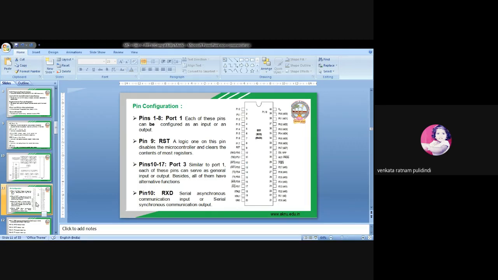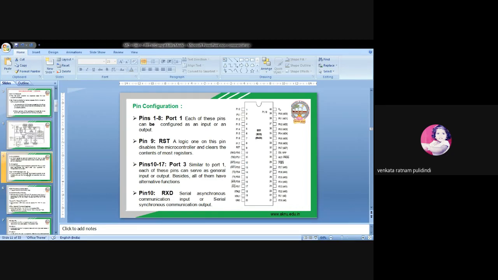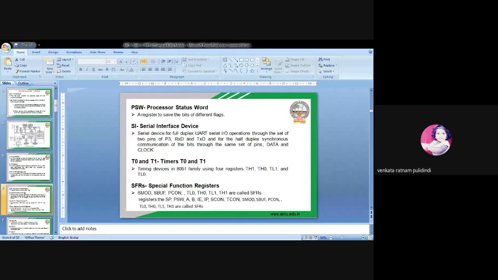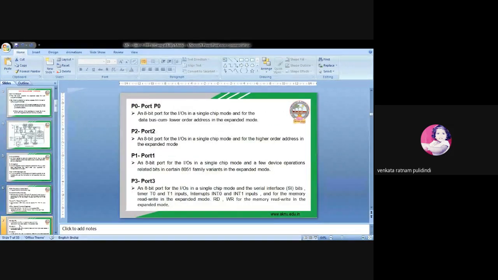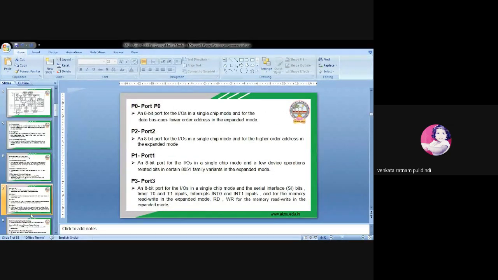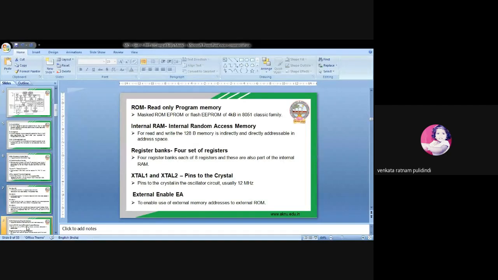For example, the program counter: what is its purpose? What is the purpose of DPTR? And what is the purpose of the program status word? What is its format? What are the bit positions of the program status word? We can discuss in detail in the next class.